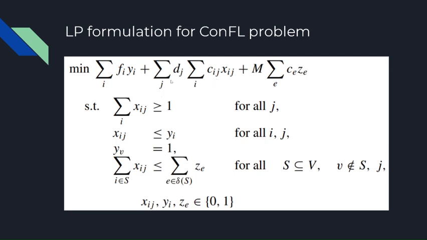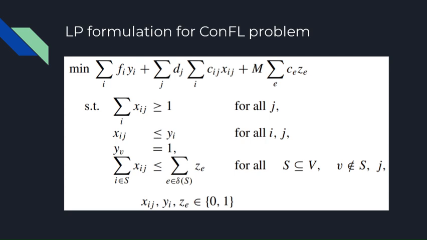So for a particular client j, we multiply his demand by the summation over I of Cij xij, that is, whichever facilities this particular client is connected to, we take the cost of edges between that facility and the client, and we add them up to get the cost.